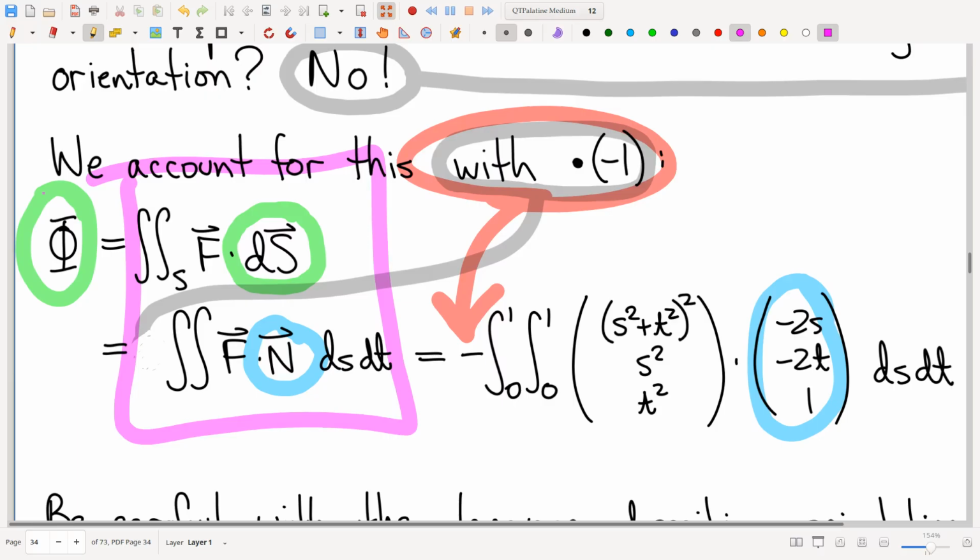The green orientation and the blue orientation are opposites of each other. These two things in the purple, those are negatives of each other. They are not equal. And that's not mathematically valid. You can't write down 5 equals negative 5. It's just not true. Does that make sense? Everybody see the problem? So the fact that I did not put the minus sign here means that this equation here does not follow.